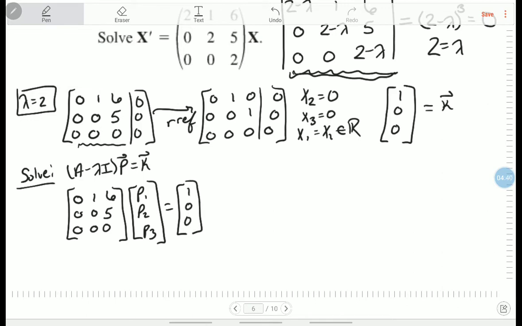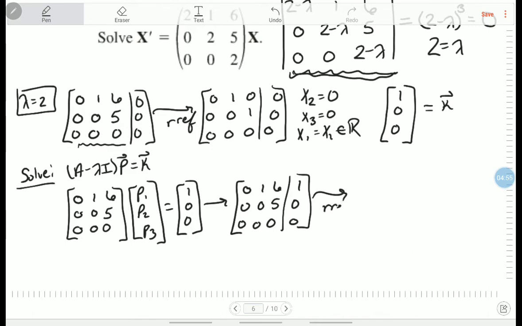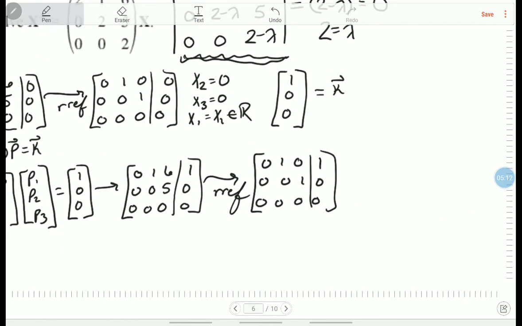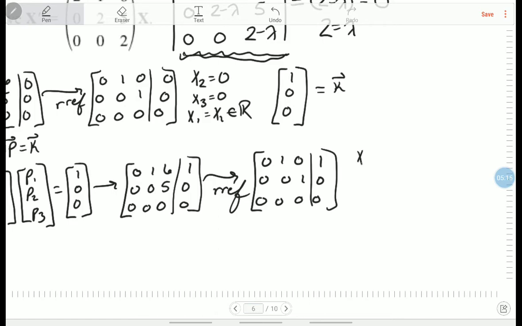So now we have the system we want to solve. I'm going to rewrite this as an augmented matrix. And then we're going to use RREF. So if we do RREF on this one, here's what I got when I typed it in. So this tells me x2 is equal to 1, x3 is 0, so that makes x1 the free variable.